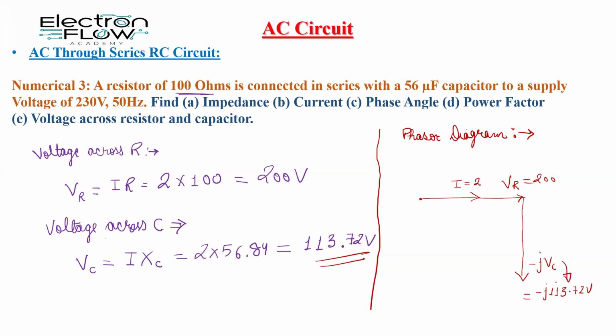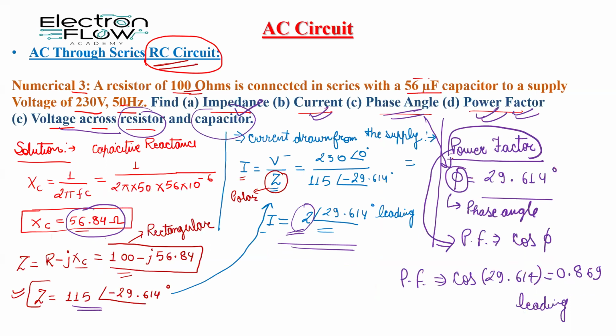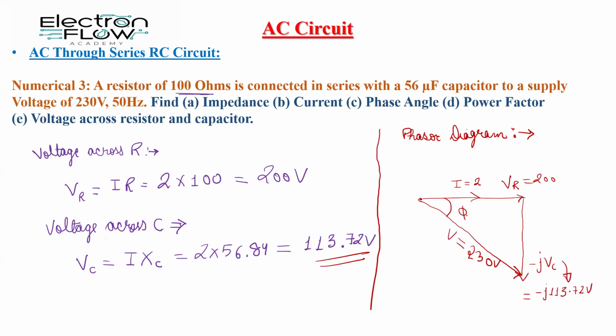Next, the resultant, meaning the total voltage V, is equal to 230. The phase angle difference is phi, which we have calculated as 29.614 degree. So this is the phasor diagram of our connected load across the 230 volt AC supply.